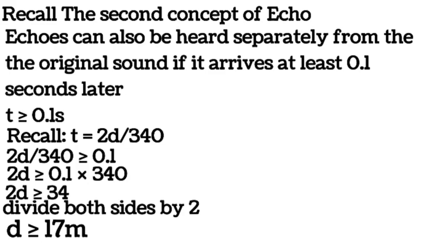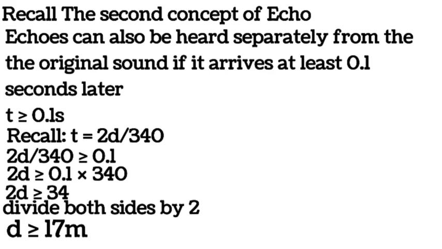It said the minimum distance should be what? 17 meters. So this is how we arrived at this 17 meters. Meaning that the distance should not be less than 17 for an echo to be heard separately. So it should be greater than or equal to 17 meters.